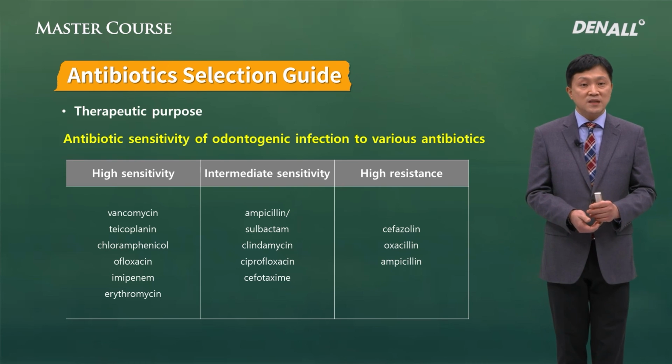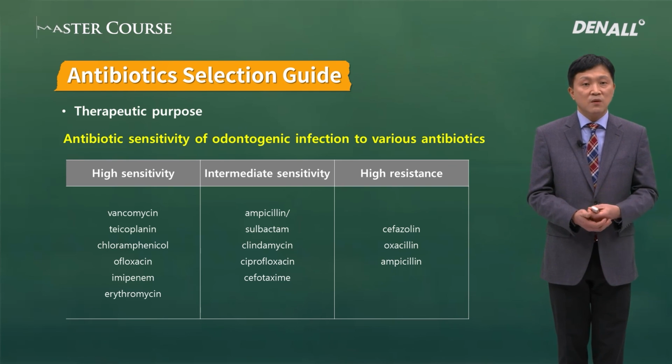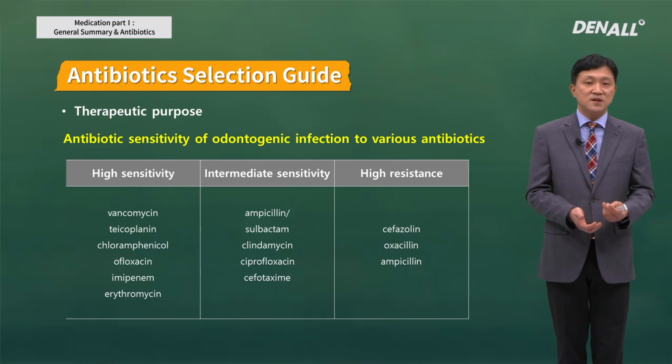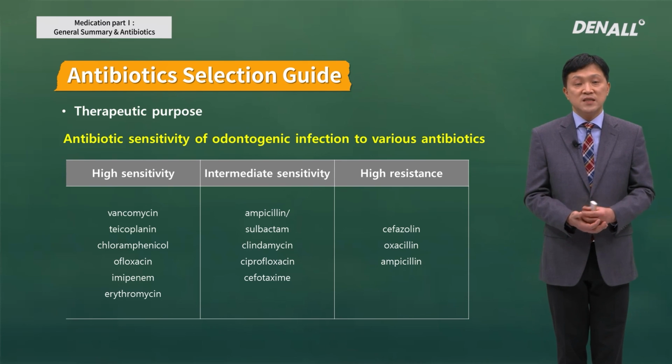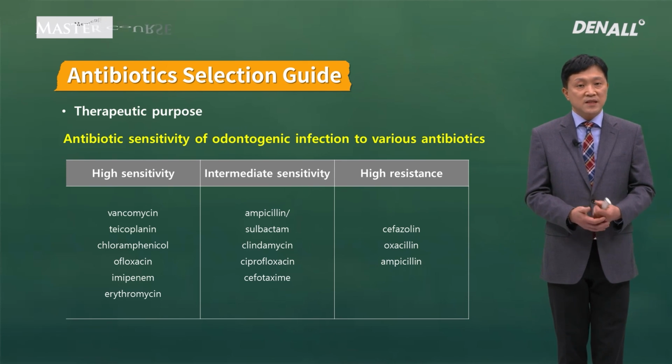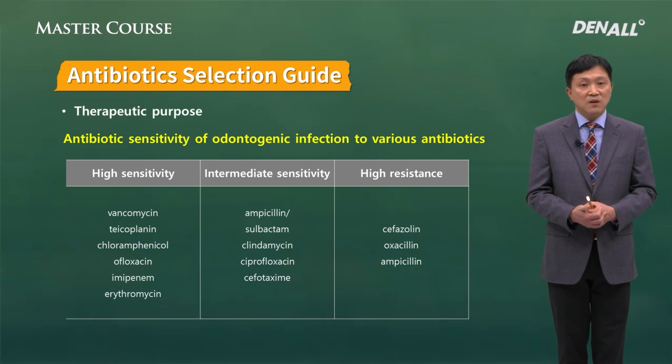Vancomycin, teicoplanin, chloramphenicol, ofloxacin, imipenem, and erythromycin have high sensitivity. Intermediate sensitivity: ampicillin, sulbactam, clindamycin, ciprofloxacin, and high resistance is shown by cefazolin, oxacillin, and ampicillin.